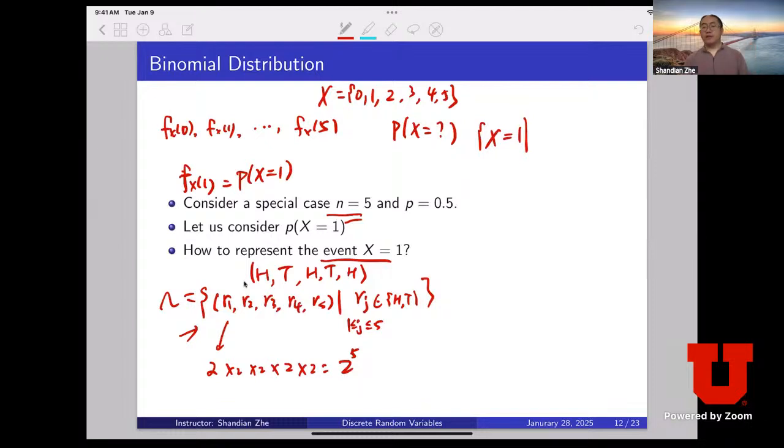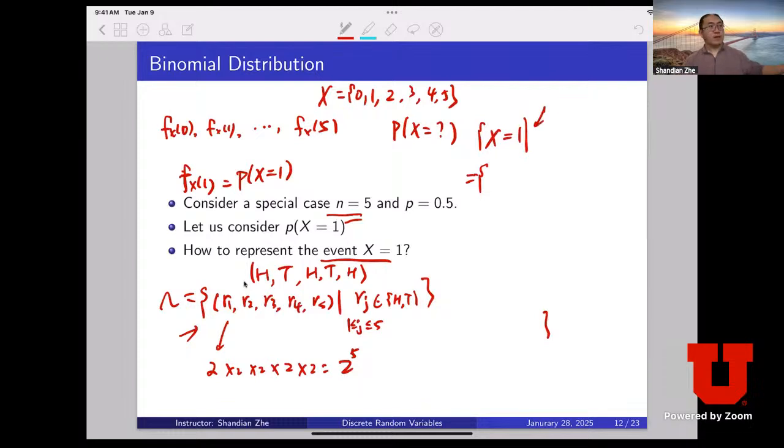In this event, which sequence outcomes should be included? Let's list every possible sequence that should be included in this event.